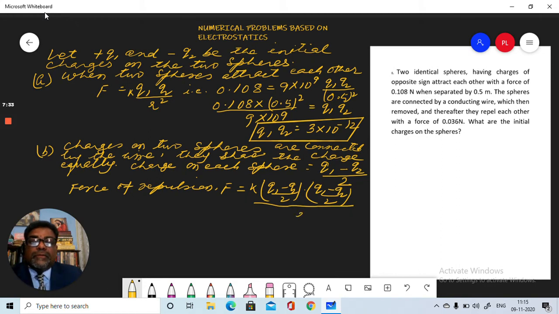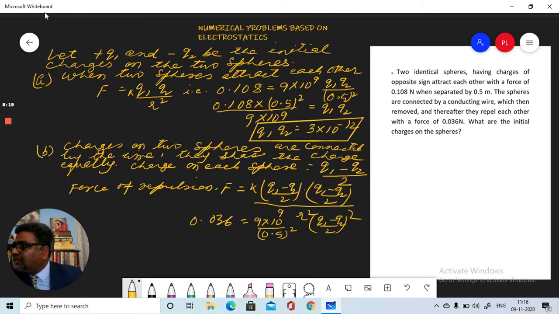Force of repulsion is 0.036 Newton. K is known to you, 9 into 10 raised to the power 9, and you have here upon 0.5 square. Then you have here Q1 minus Q2 by 2 and Q1 minus Q2 by 2. That means Q1 minus Q2 by 2 and whole square.